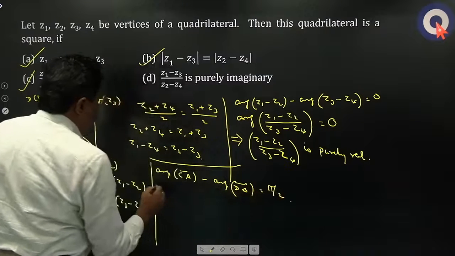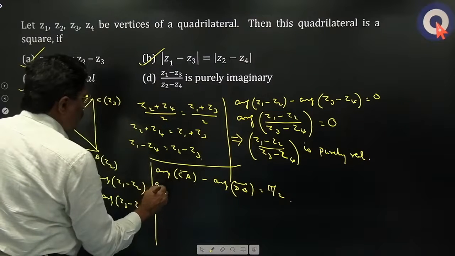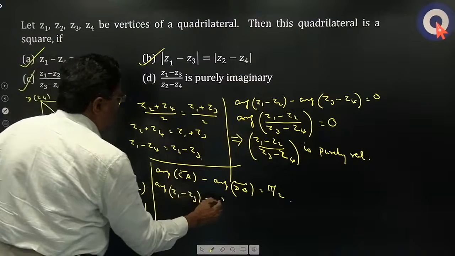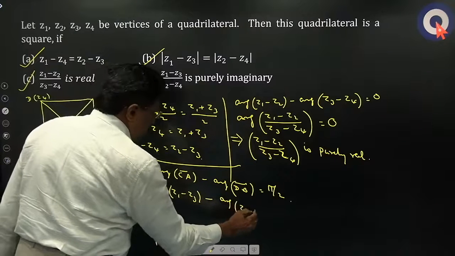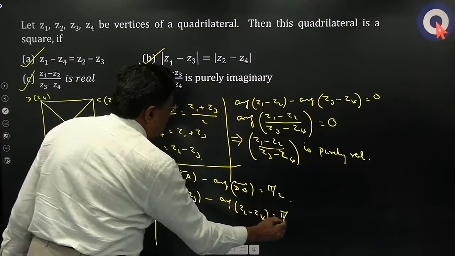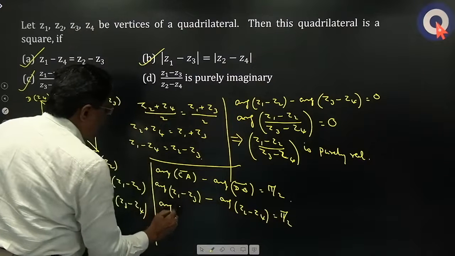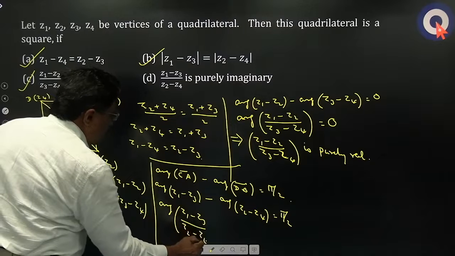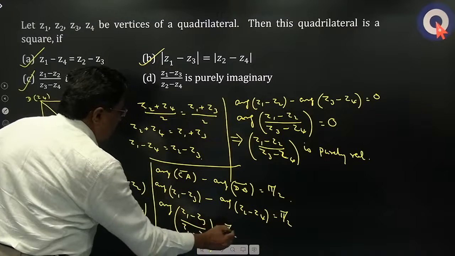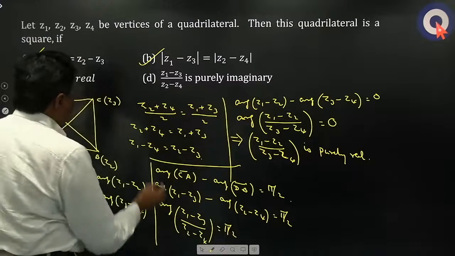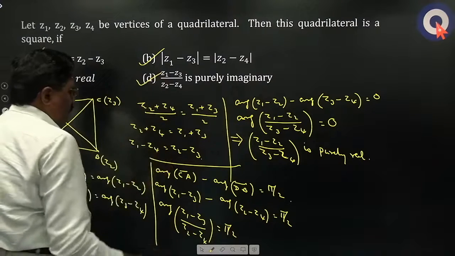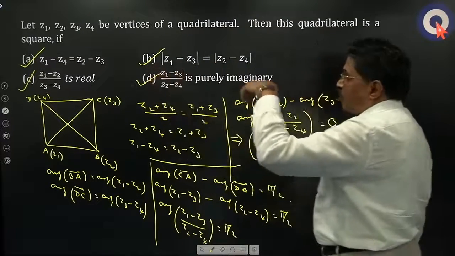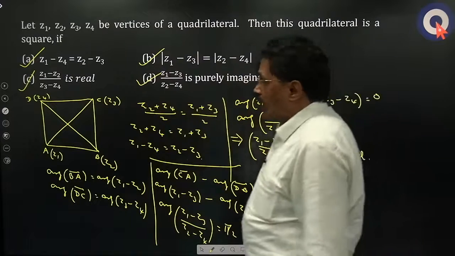So argument of Z1 minus Z3 minus argument of Z2 minus Z4 is equal to pi by 2. So in other words, argument of Z1 minus Z3 by Z2 minus Z4 is equal to pi by 2. The argument of some complex number is pi by 2 means this complex number has to be purely imaginary. So therefore, all the 4 options will be correct if this quadrilateral becomes a square.